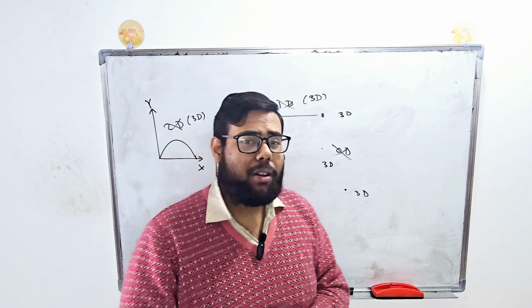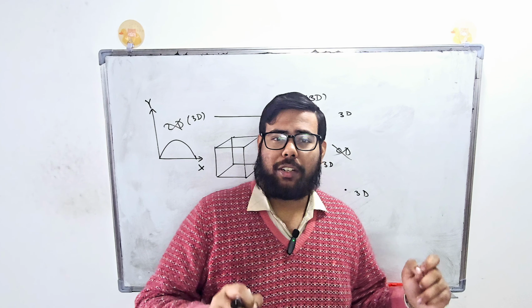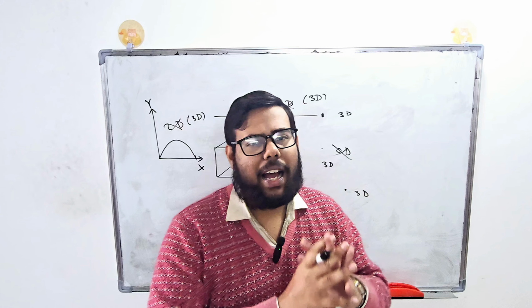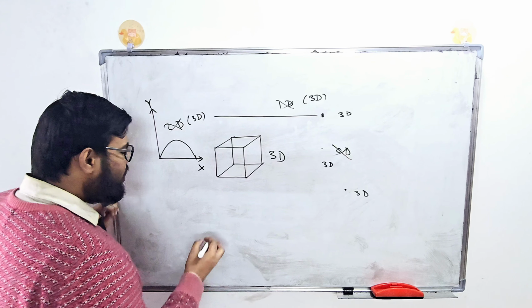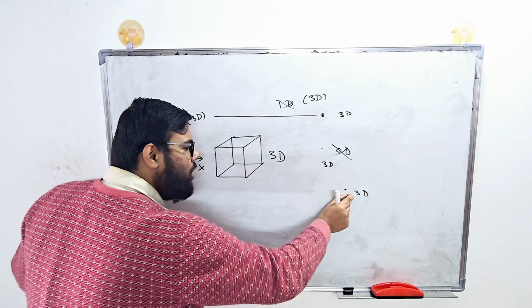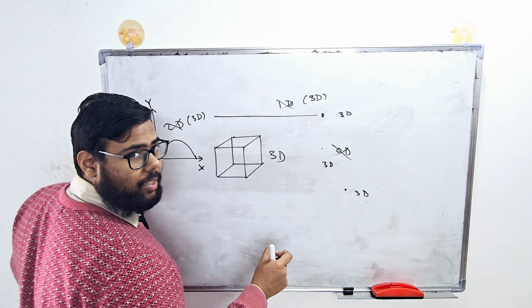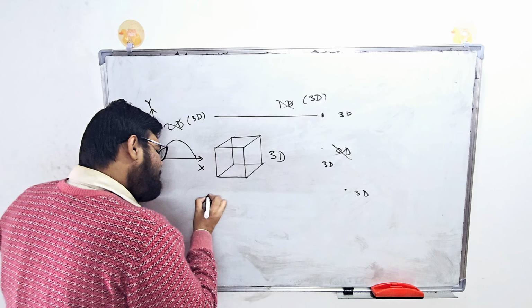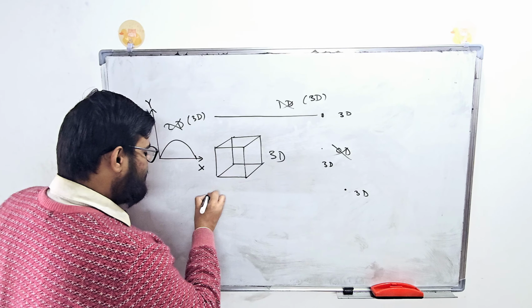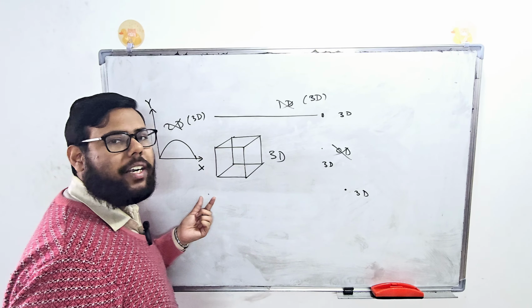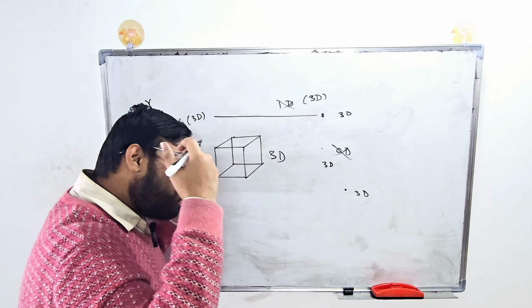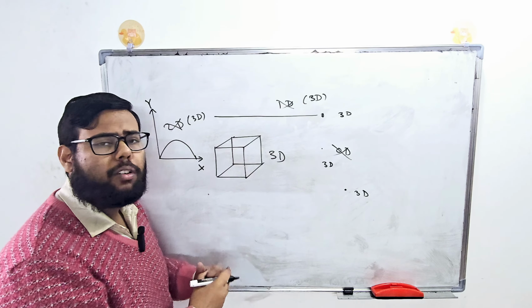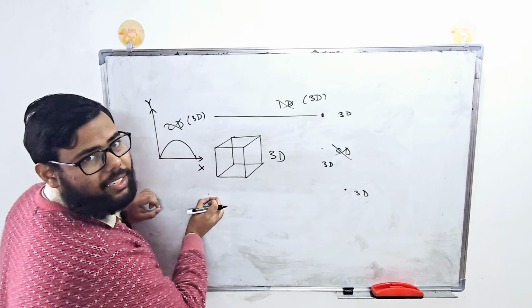So how can I make you all visualize 0 dimension, 1 dimension or 2 dimension? Well, I have a very simple solution. Assume 0 dimension as a location, as an exact location, like this. Of course it is still 3D, but you can visualize it like it is an exact location of a place. It should be of 0 size.